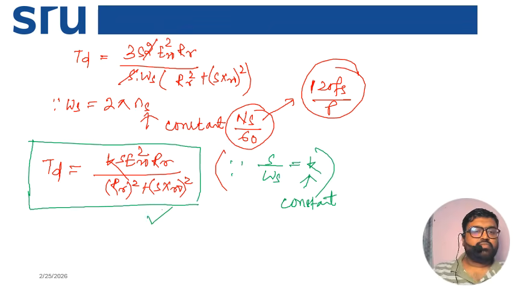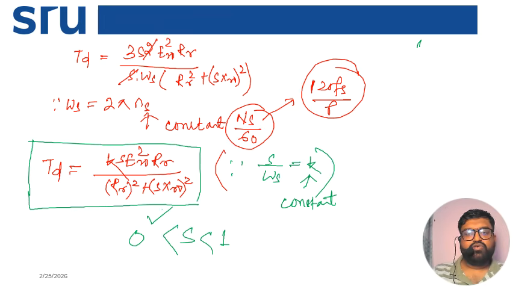Now the point we have to discuss: this torque developed, what will happen? Slip varies. We know that slip will vary between 0 to 1. When slip is equal to 1, that is your starting condition of induction motor.